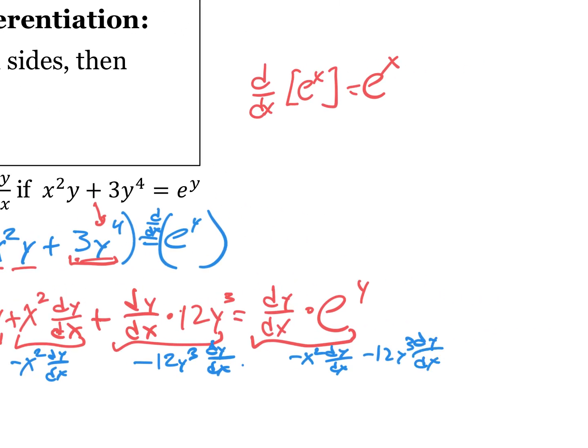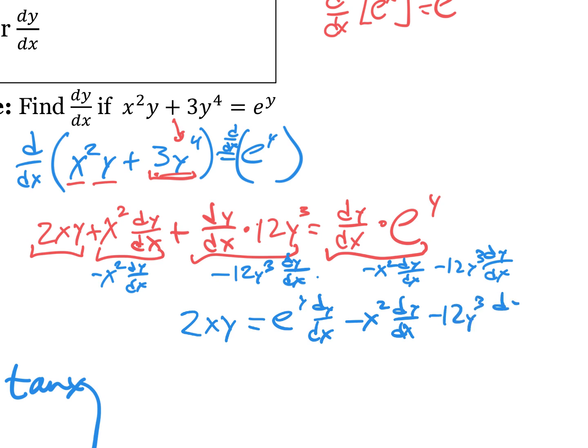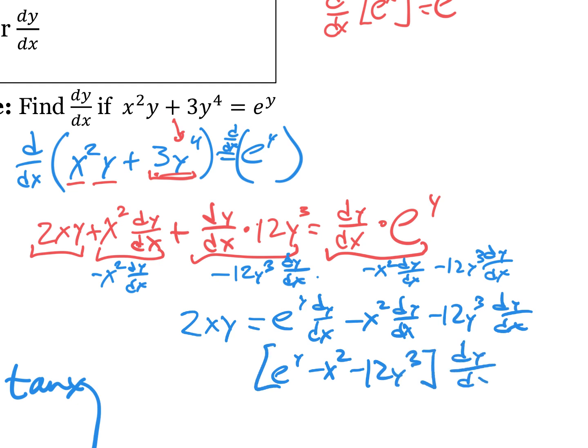And we end up with something like this. We have 2xy, that's the thing that we left behind, equals e to the y times dy/dx minus x squared dy/dx minus 12y cubed dy/dx. So we're going to factor out that dy/dx: e to the y minus x squared minus 12y cubed, factor out dy/dx, and we have 2xy over here.